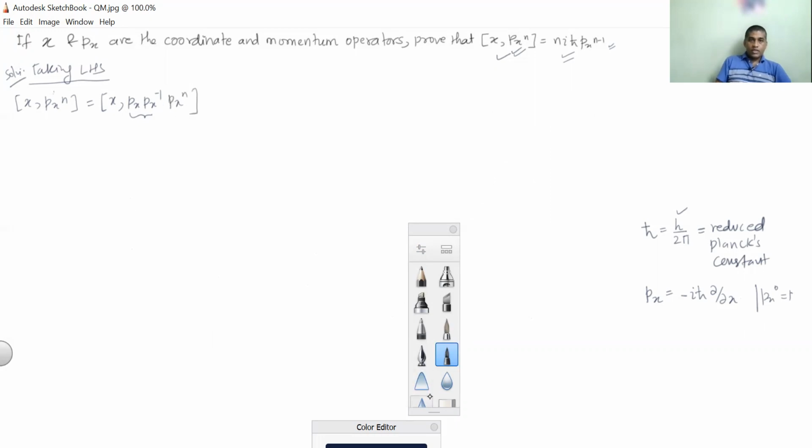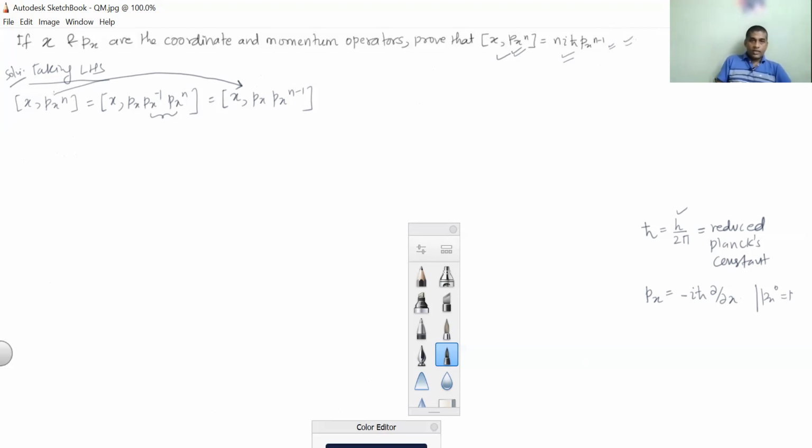Now let us associate these two terms. So we can write in this way. We are changing this commutation relation into this form because we have px power n minus 1 on the right hand side of this relation.